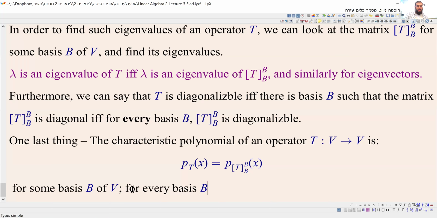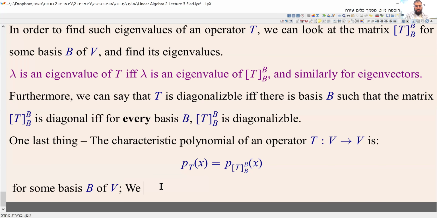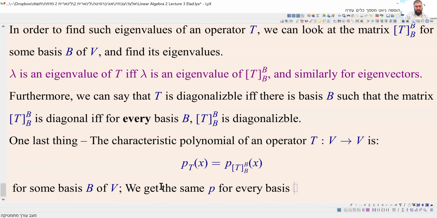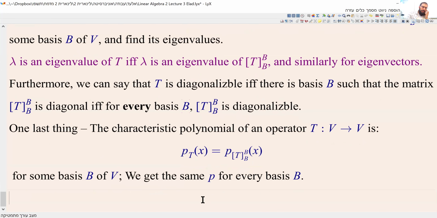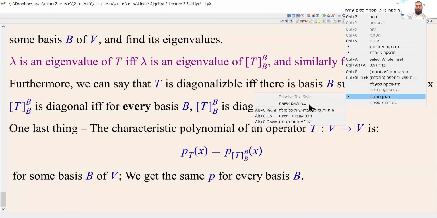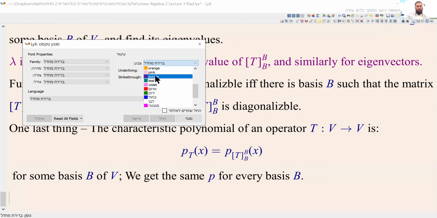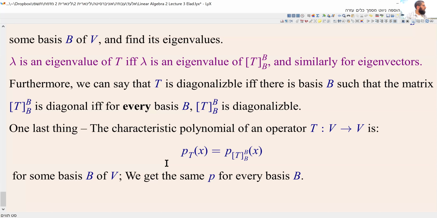Let's write it down a bit differently. We get the same result, of course. The same polynomial P for every basis B. I'll explain it shortly. What do I actually say here? I say the following.